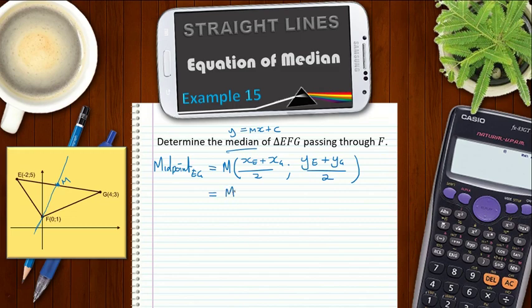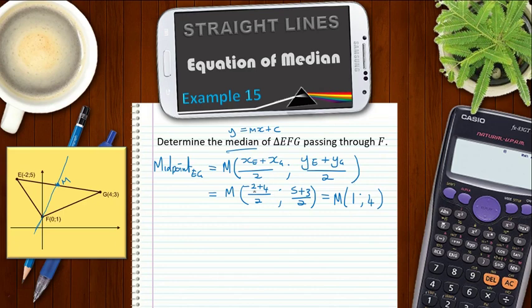We have m, whereas our x values is minus 2 plus 4 over 2, and my y values is 5 plus 3 over 2. And to simplify, m is then minus 2 plus 4 is 2, so this is just 1, and 5 plus 3 is 8 over 2 is 4. So that is then my midpoint.